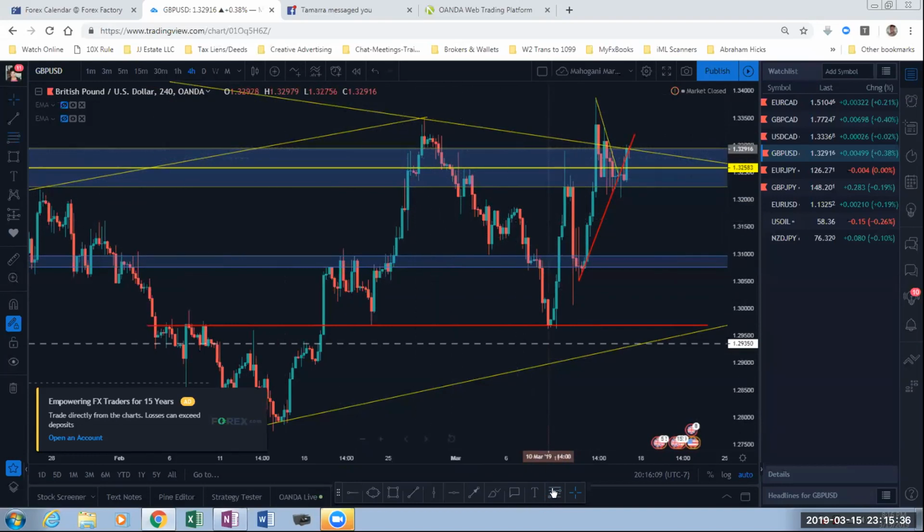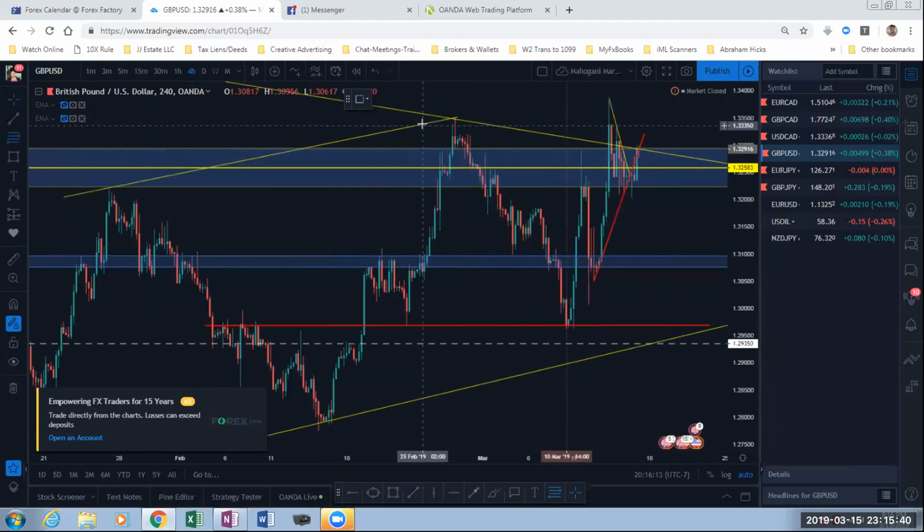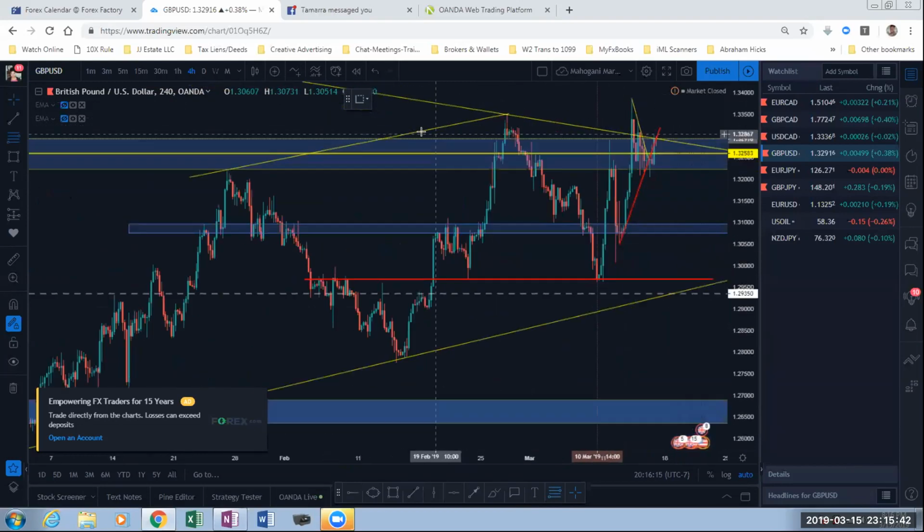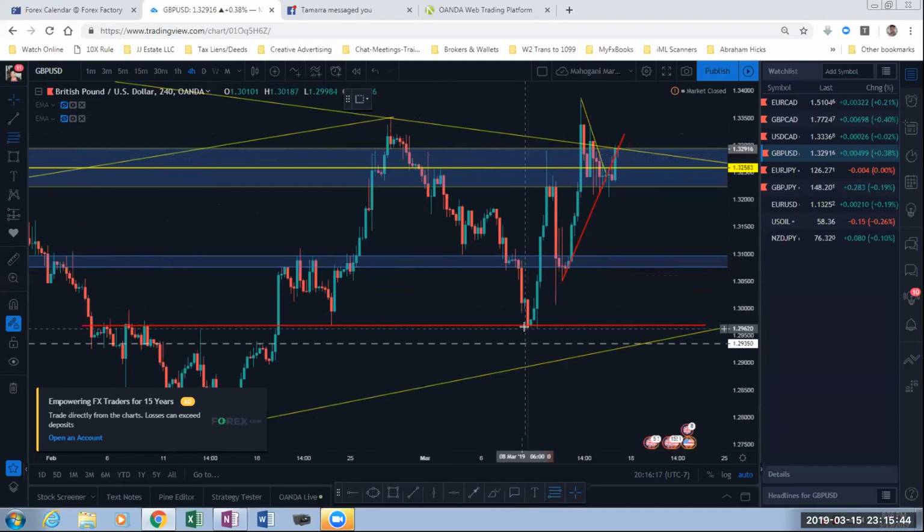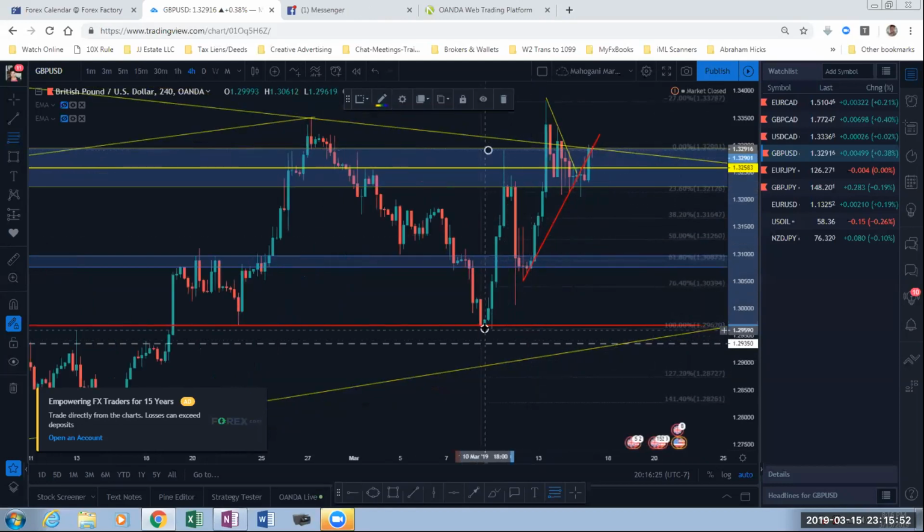So I am going to take my Fibonacci from, let me find something that's good. Say this right here, impulse to impulse. So I have this move from the bottom and I'm taking it all the way to the top. So I took it from the bottom, swing low, I click, pull up, stop at the end of the impulse.